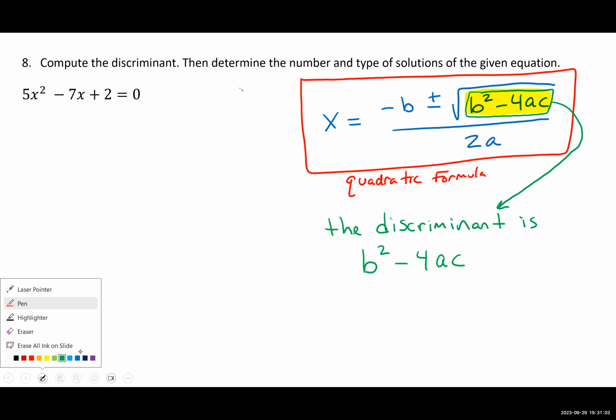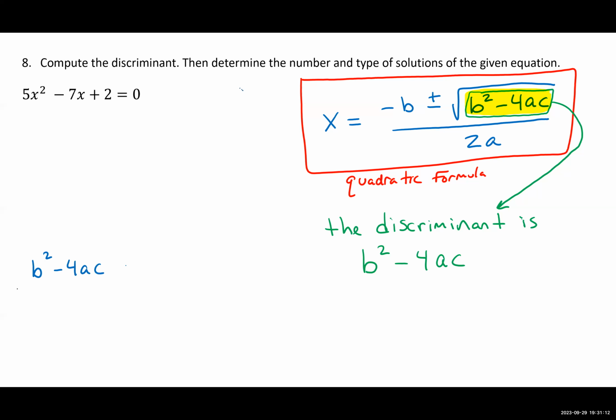So if the discriminant, so b squared minus 4ac, is positive, well, we know what happens. Like in the last problem we just did, we got a 14 for the discriminant, positive 14. So b squared minus 4ac was 14. We got two answers.